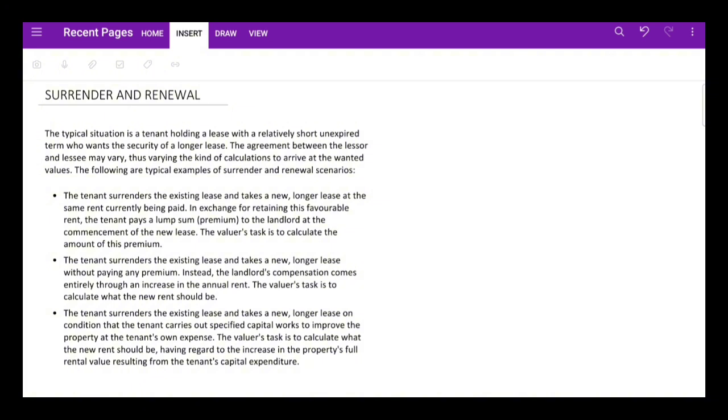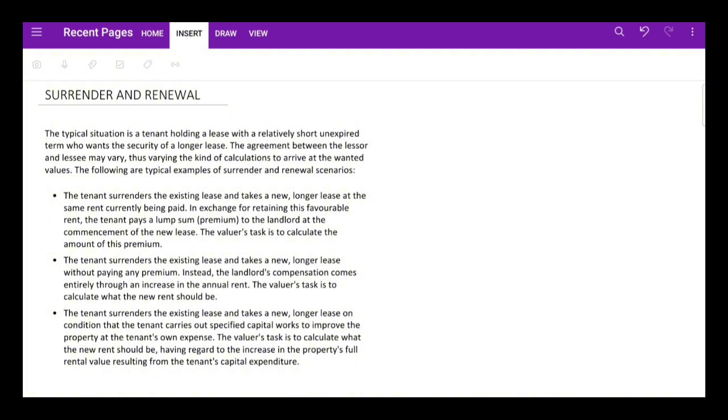Another scenario is where the tenant surrenders his existing lease and takes a new, longer lease without paying any premium. Instead, the landlord's compensation comes entirely through an increase in the annual rent. So yes, you have a secured lease, but now you have to pay a higher rent.